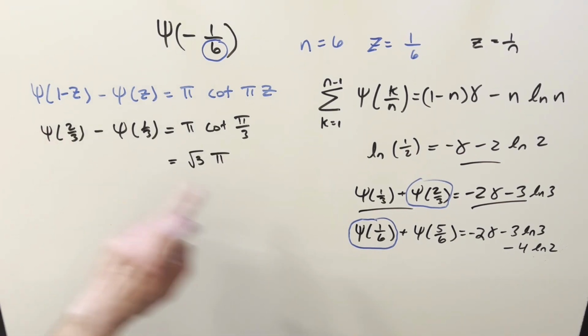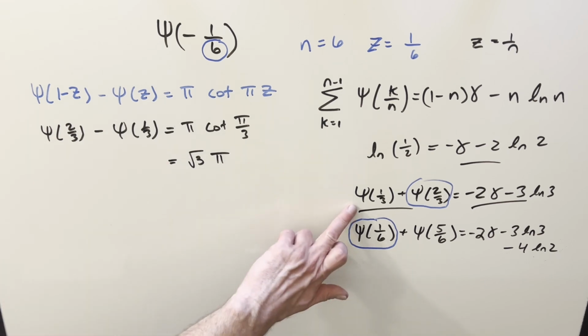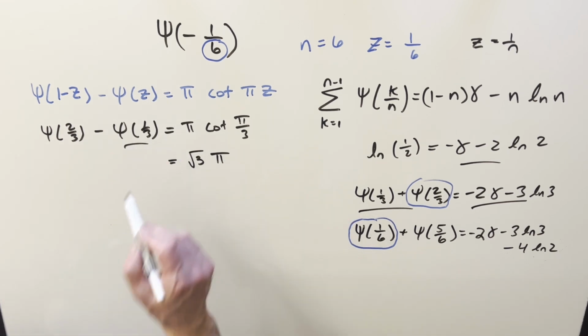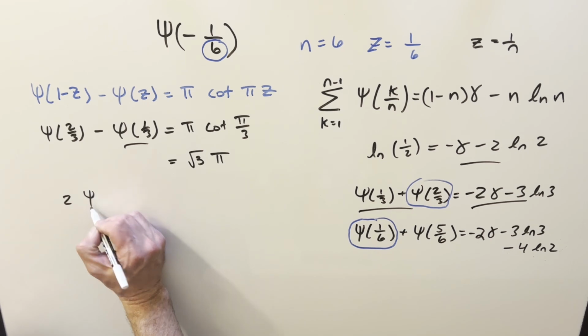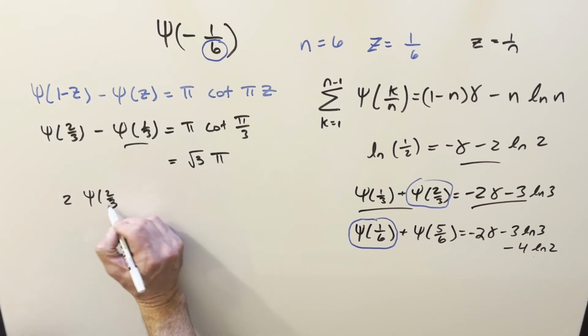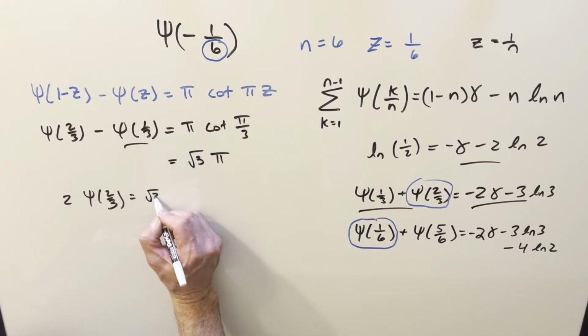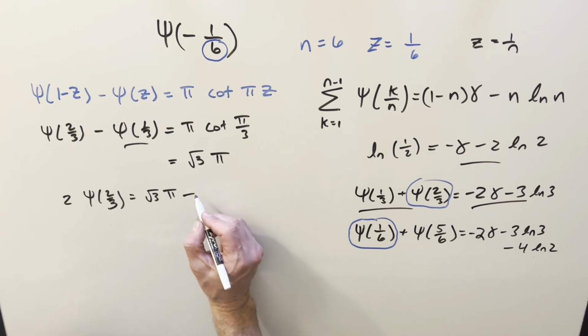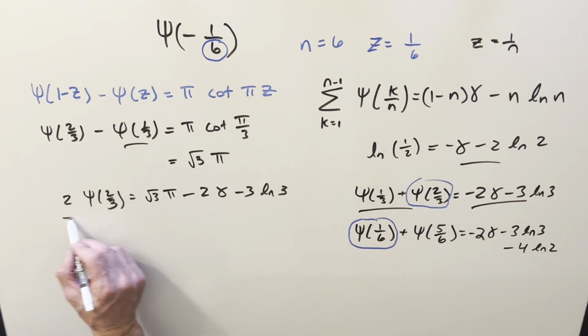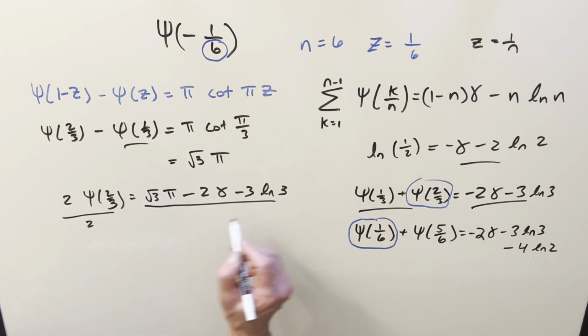So what we can do with this equation and this equation, we've got two equations, two unknowns. If I add these two together, the digamma 1/3 cancels and we get 2 digamma 2/3 is equal to this, square root of 3 pi plus all this. Divide by 2 on both sides, and now we've got our value for digamma 2/3.